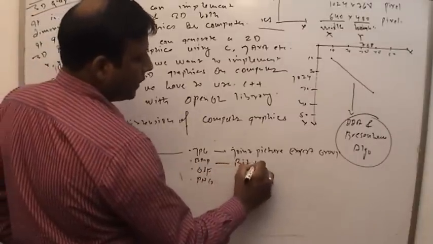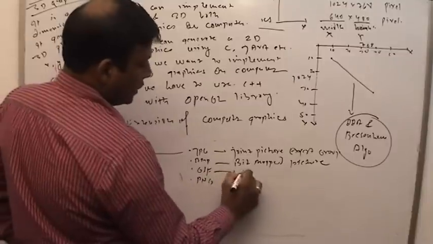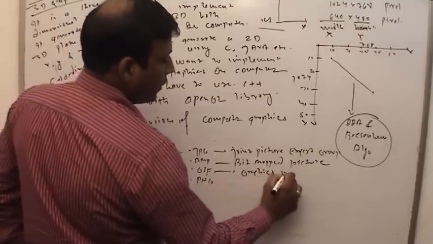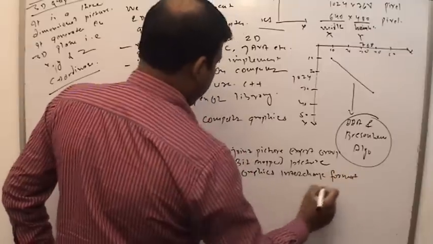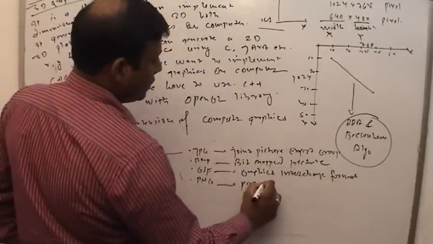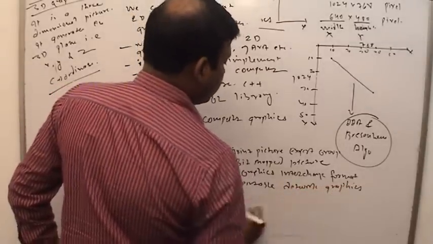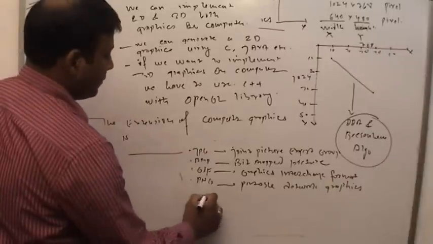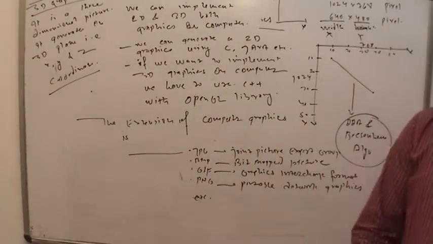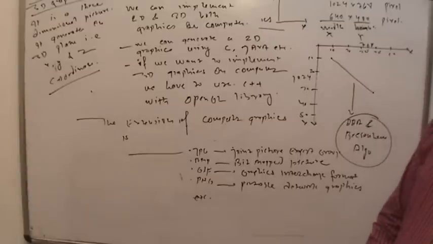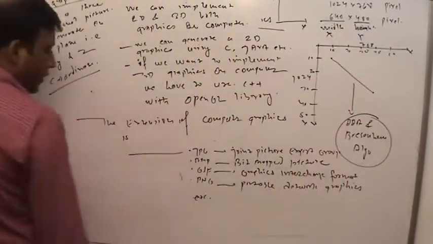BMP is bitmap picture, and GIF is Graphics Interchange Format, and PNG is Portable Network Graphics, etc. These are the various extensions of computer graphics, and these extensions belong to computer graphics.